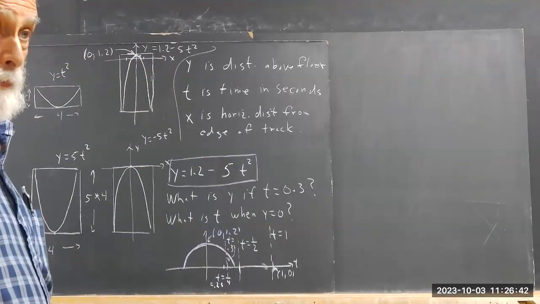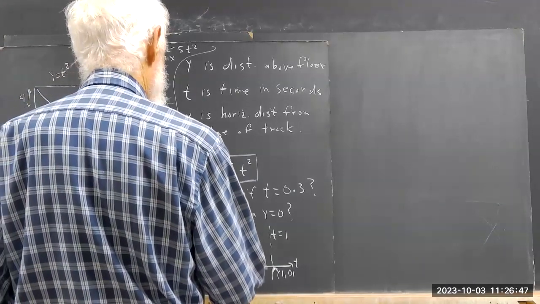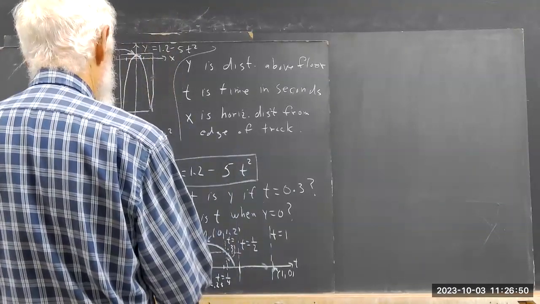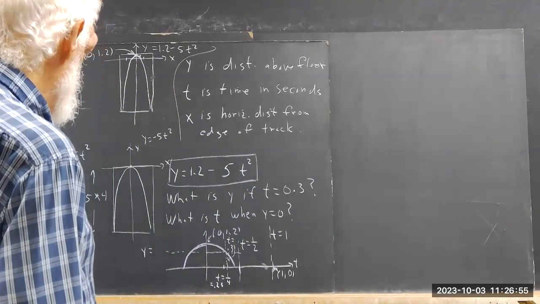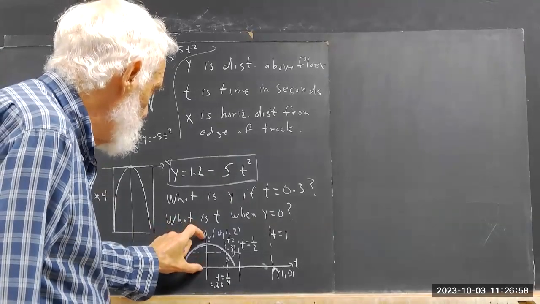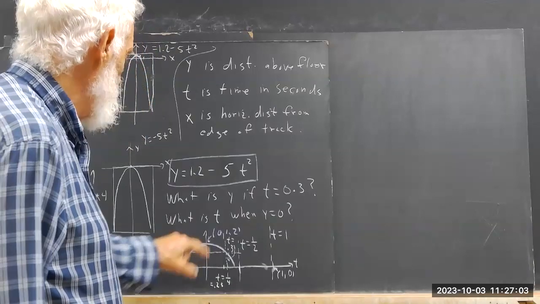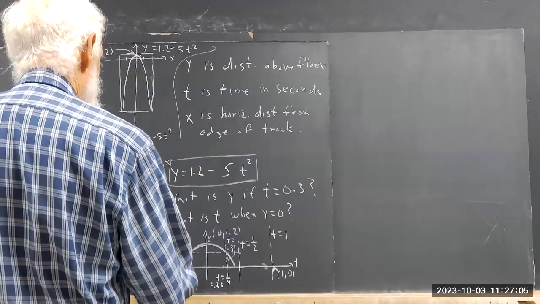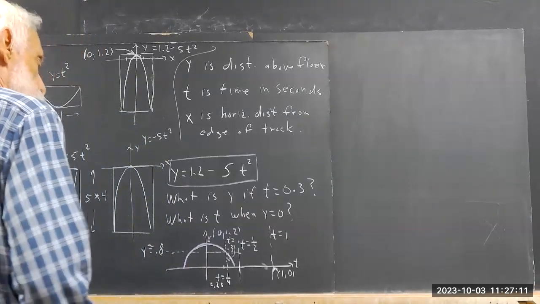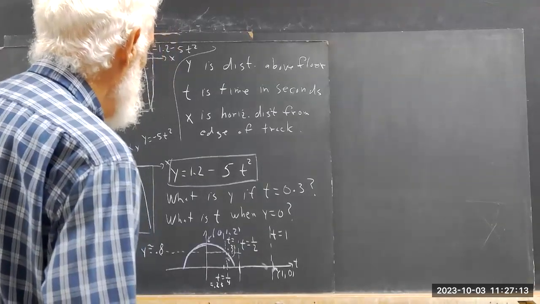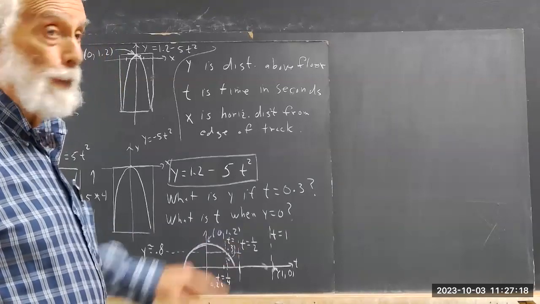We could estimate y at this point. If this is 1.2 and this is 0, then y equals 0.6 would be about here. So I'm going to say maybe y equals 0.8. So from the graph, looks like y is about 0.8 when t is 0.3.